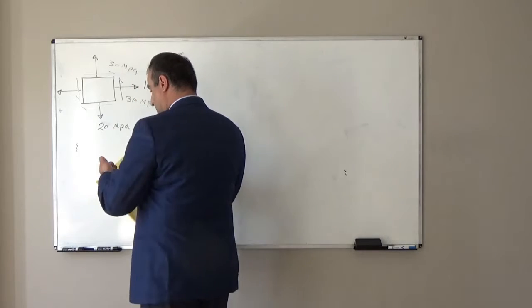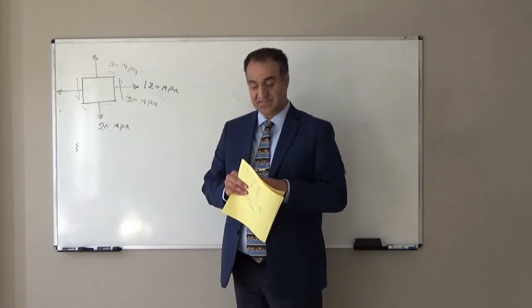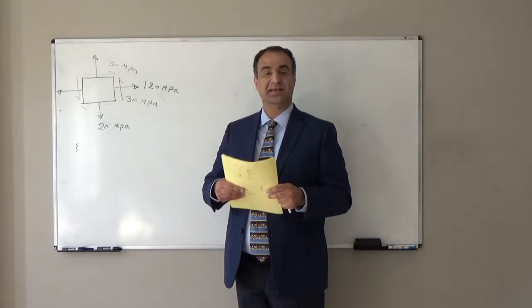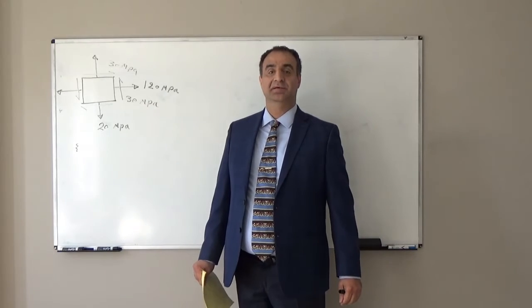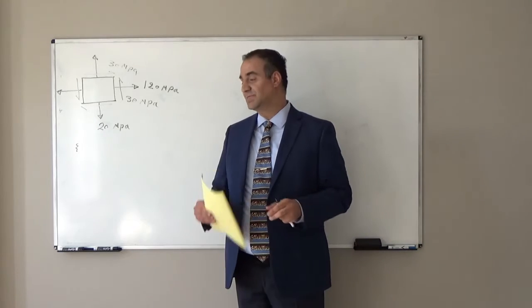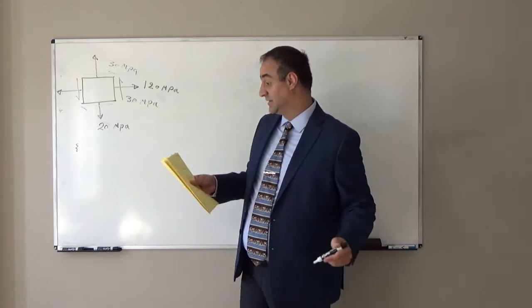Here we want to find principal stress. For principal stress, we want to find the maximum and minimum normal stress, and in which plane or in which direction we will have that maximum normal stress.